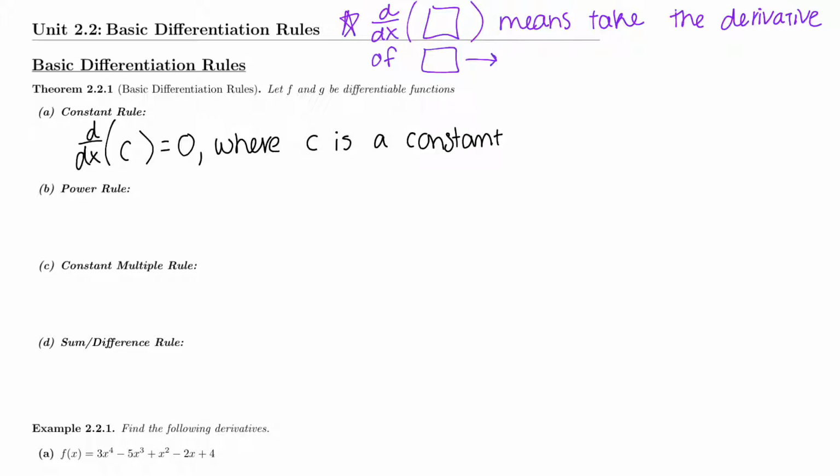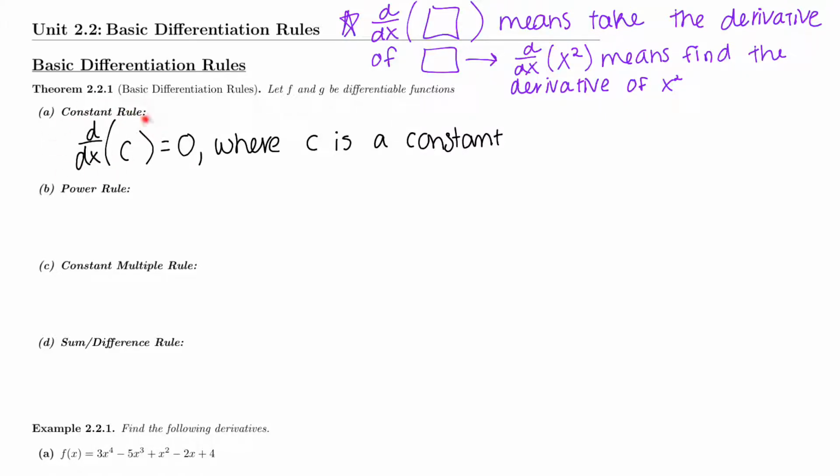So, for example, if I said d dx of x squared, this means take the derivative of x squared. Find the derivative. So just this d dx notation here, that d dx notation means to take the derivative. Right, so I'm going to be using that notation here.